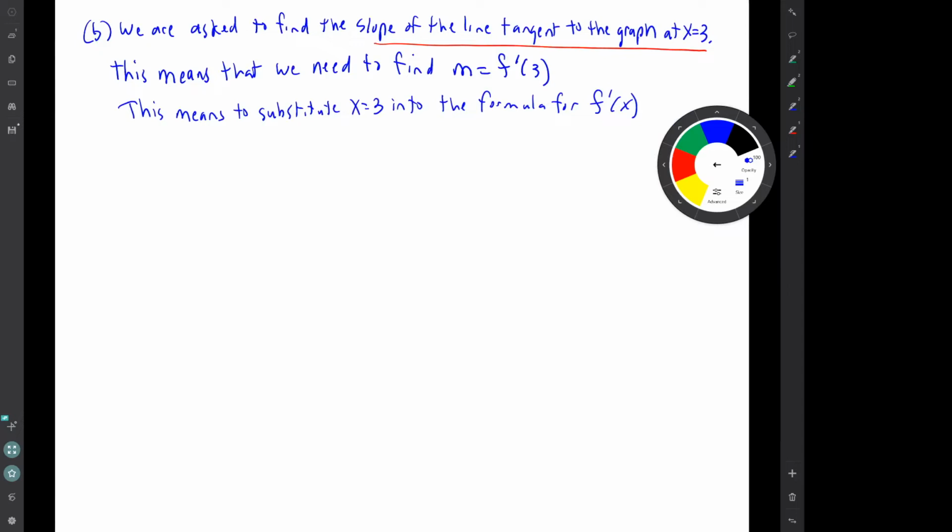So we found f prime of x equals 3x squared minus 6x minus 9. So that means that the slope is going to be f prime parentheses 3 obtained by plugging x equals 3 into that formula.